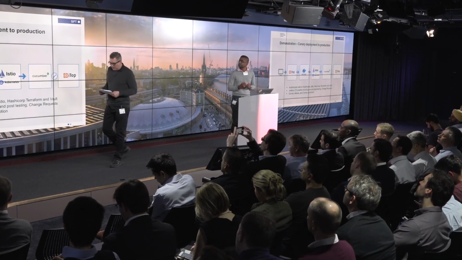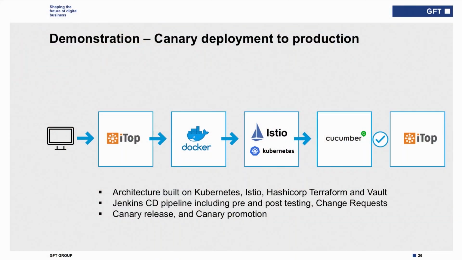So the pipeline we have in question is a combination of, we're using ITOP for basically simulating ITIL change management integration. So we can raise an automated change request ticket.